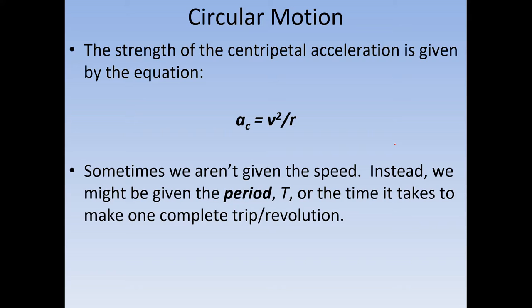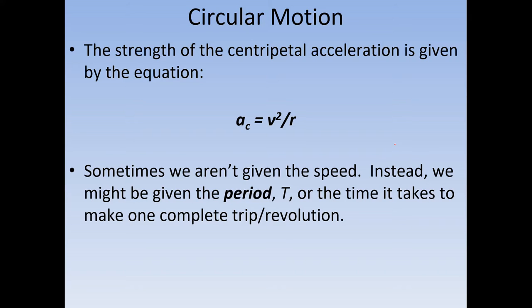It's very common for you not to know what the velocity is for an object moving in a circle. It's not super common for someone to be able to see something moving in a circle and say, okay, I know what that velocity is. Instead, the easy thing that you'd be able to measure and the thing that you'd be able to quickly find is the period, the time it takes for that object to move around one full trip, one full rotation, one revolution, whatever you want to call it.